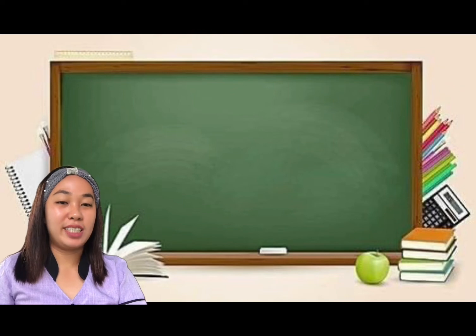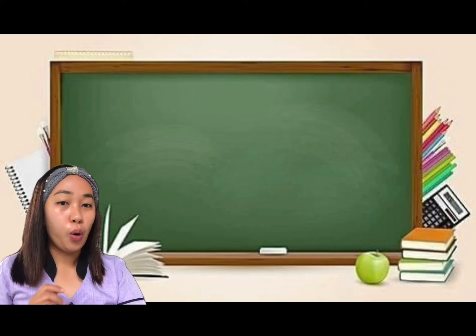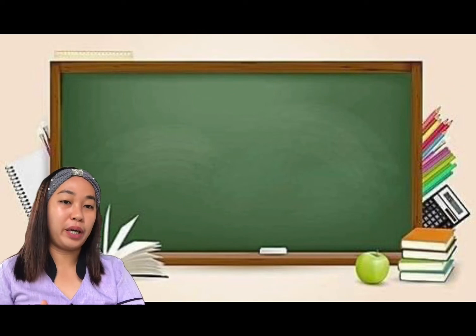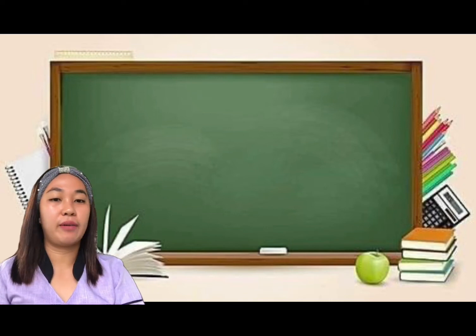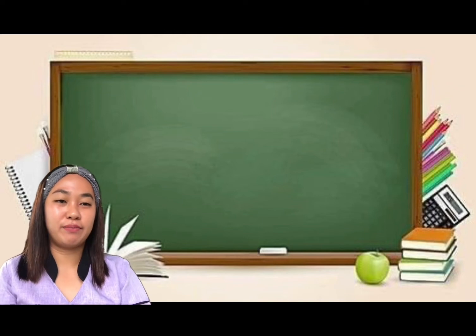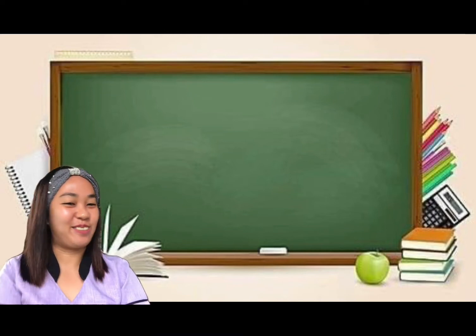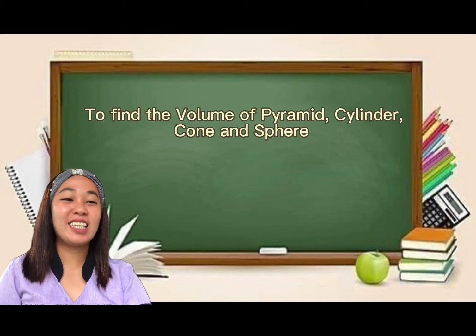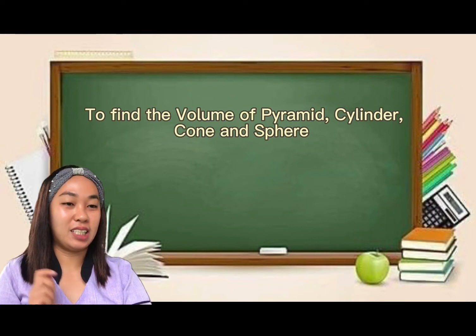Based on the first stanza of our song, who can guess what will be our lesson for today? Anyone? Yes, Kuya Ben. That's right. We are going to find the volume of pyramid, cylinder, cone, and sphere.